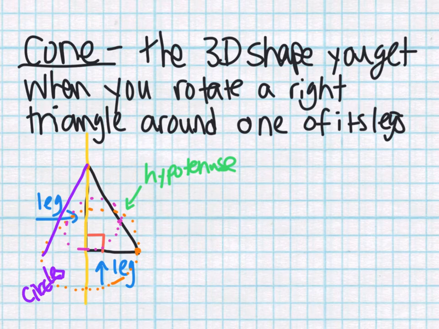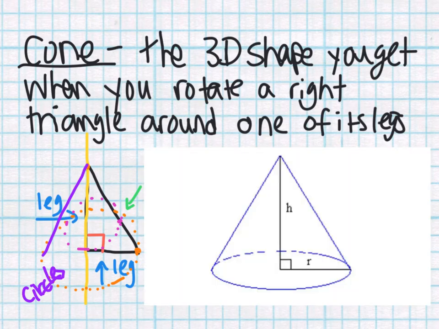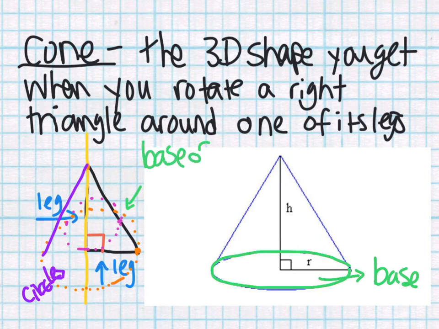So let's look at a good diagram of a cone. This is my cone, and this down here is the base again. The base is always a circle. So the base of a cone is a circle.